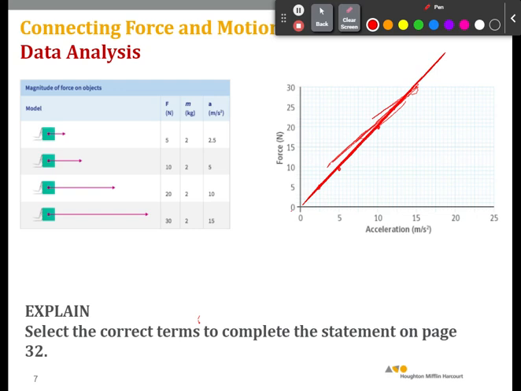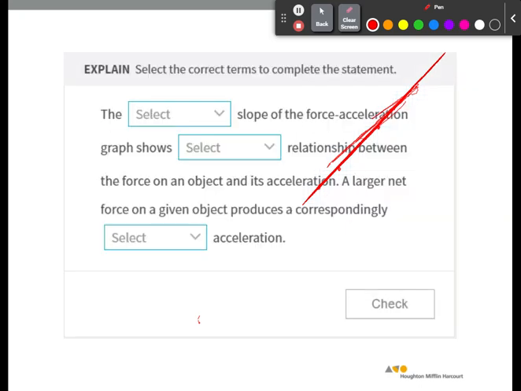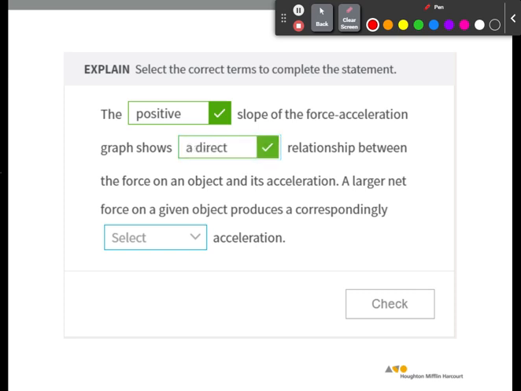What do we see? We see a slope in a positive direction and it does not change. So what does this tell us? The positive slope of the force-acceleration graph shows a direct relationship between the force on an object and its acceleration.